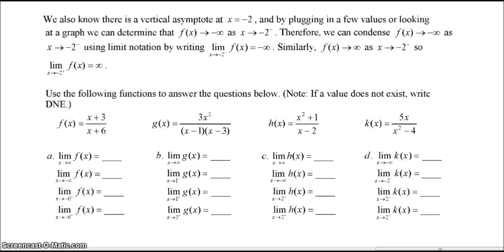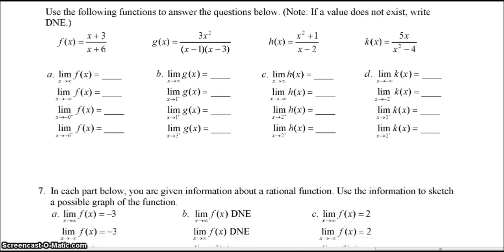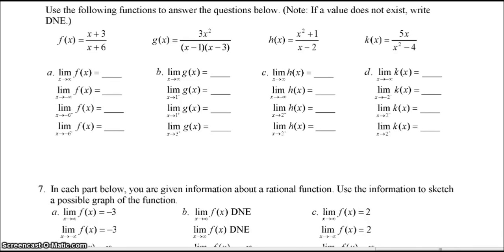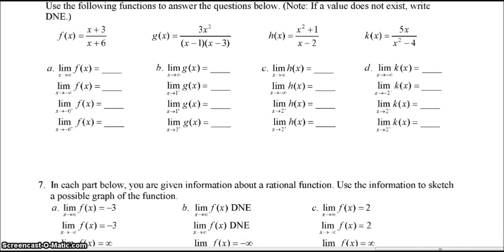Similarly, f of x goes to infinity as x goes to negative 2 from the right, so the limit as x goes to negative 2 from the right of f of x equals infinity. Use the following functions to answer the questions below. Note, if a value does not exist, write does not exist.